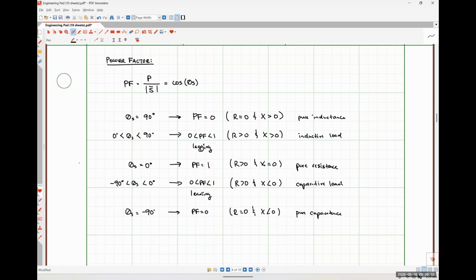If you can remember those three things, you're good. So power factor is simply cosine theta S. If your angle is positive, you have a lagging power factor. And if your angle is negative, you have a leading power factor.